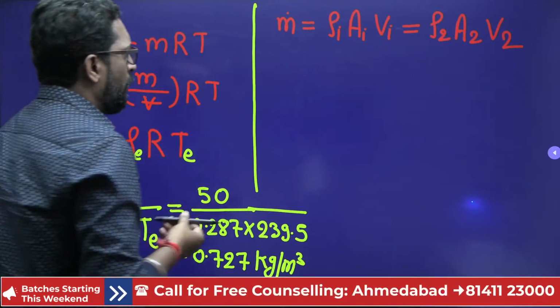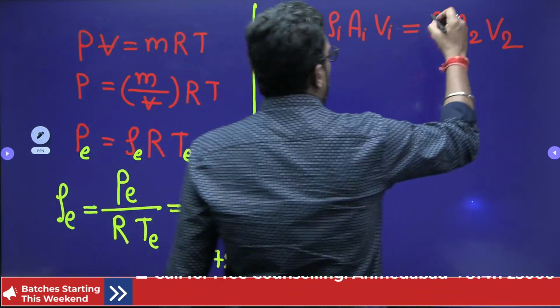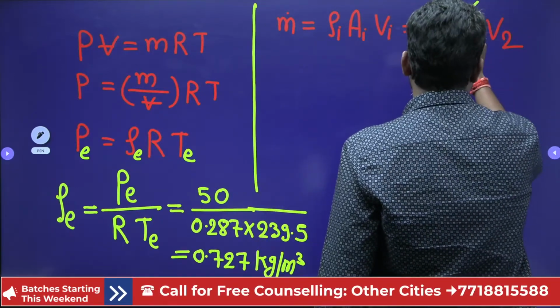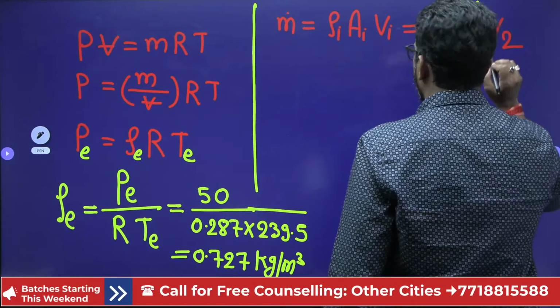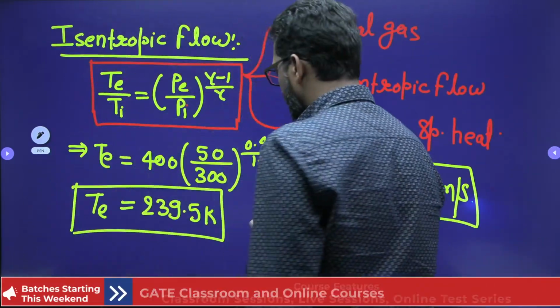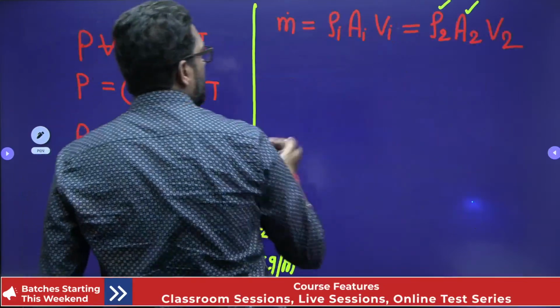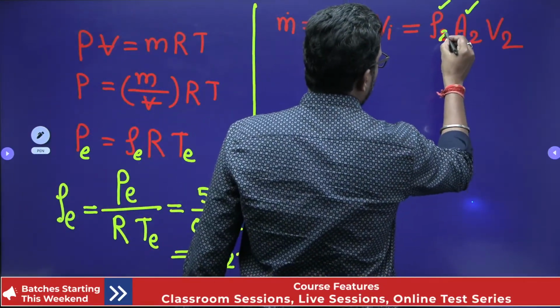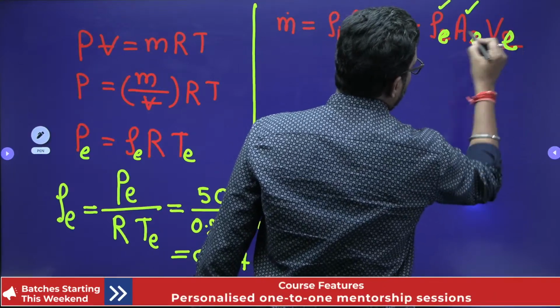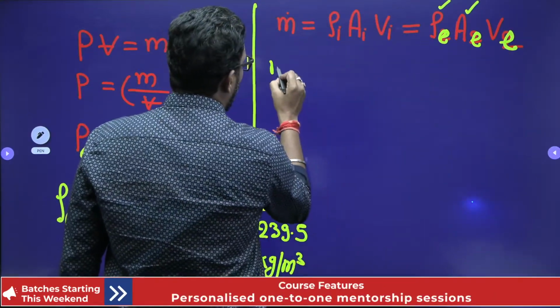So what information do we have? Rho2, A2, and V2, all exit conditions. So we have the mass flow rate.